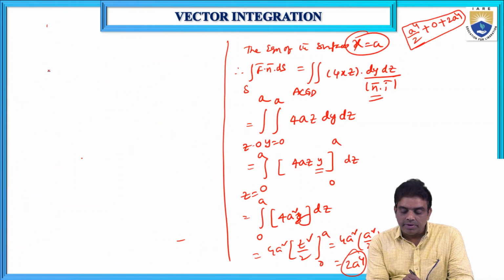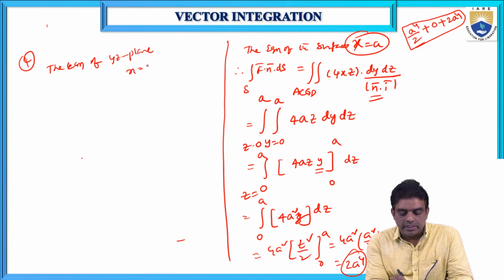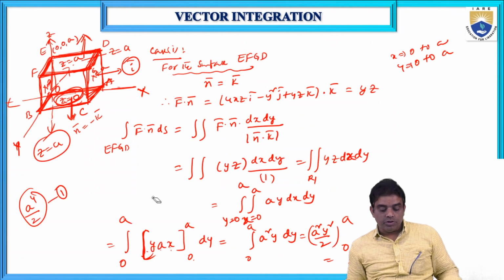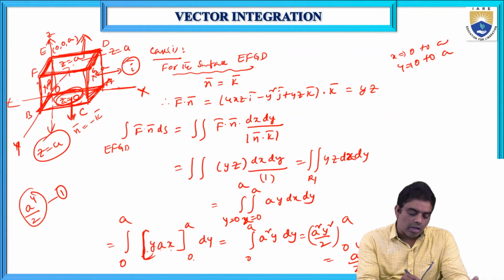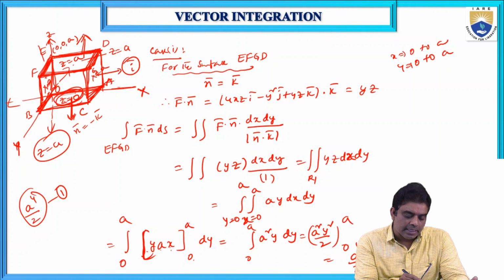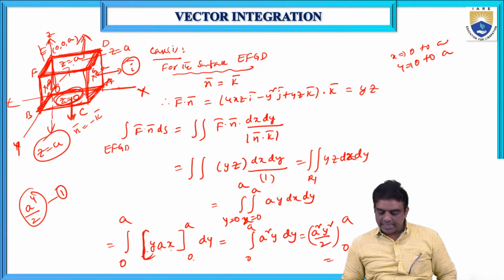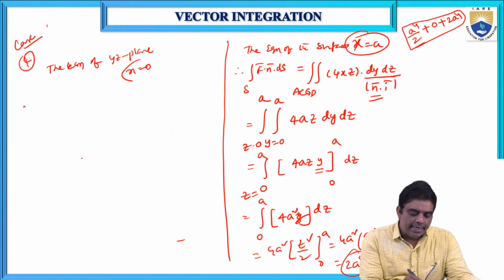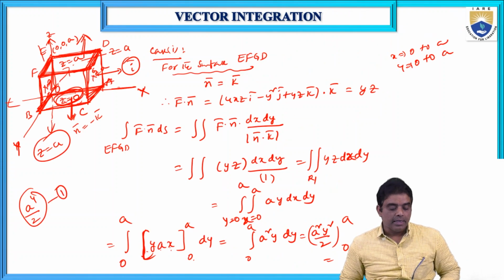The fourth one is the equation of the YZ plane. What is the YZ plane equation? x is equal to 0. I am considering the surface EOBF, that is case number 4.